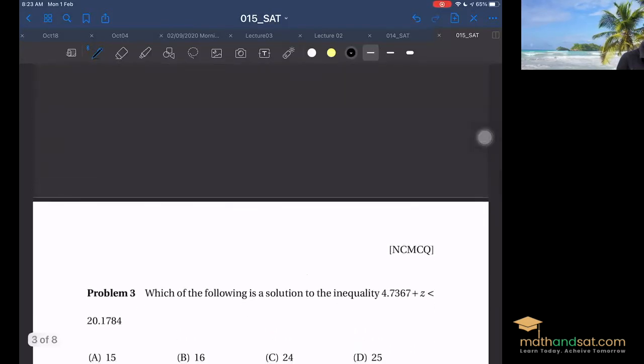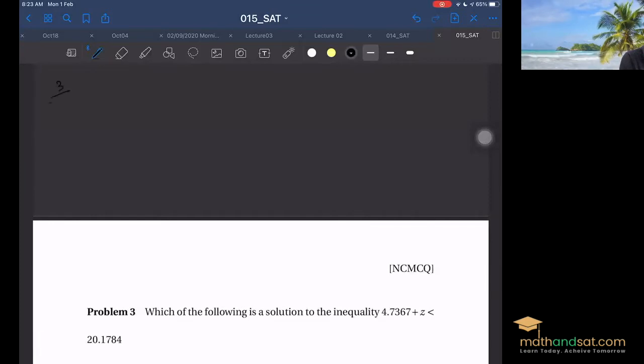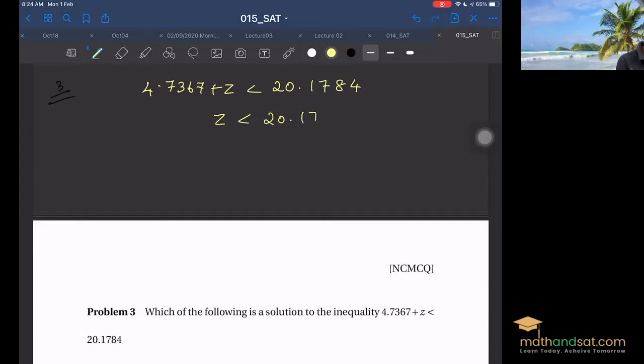We have question number 3. 4.7367 plus z is less than 20.1784. So we have z less than 20.1784 minus 4.7367.